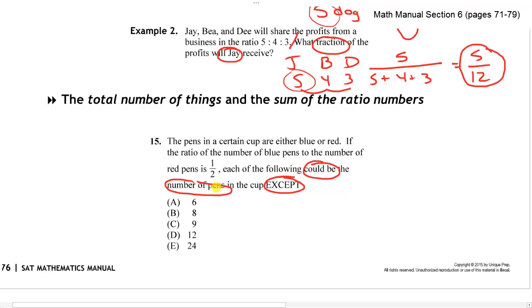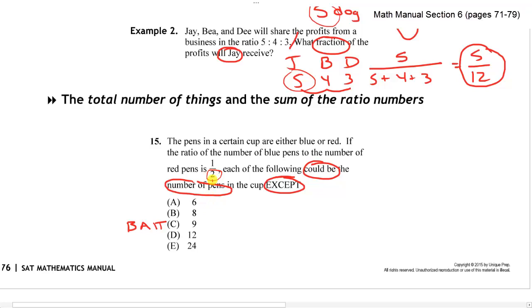Now, I'm going to go over the bait answer first, and some of you might have unfortunately gotten this bait answer. Answer choice C is the bait answer here. What most students assume is that since this denominator is 2, the total has to be even.